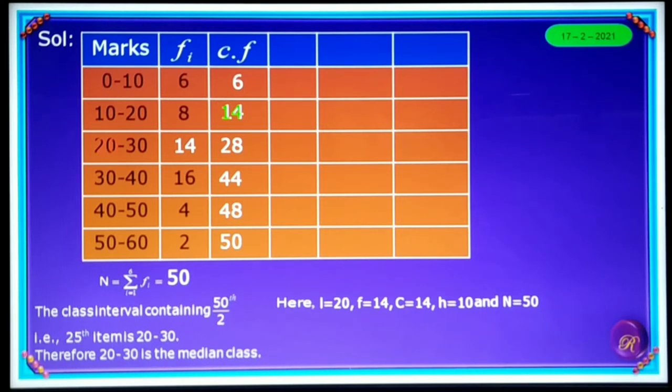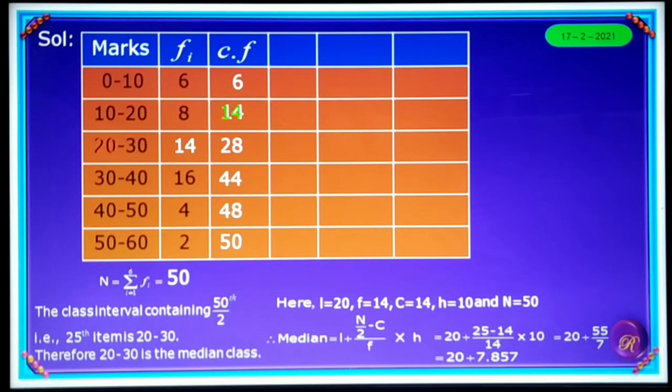Therefore, median is equal to L plus (n by 2 minus C) divided by f, into h, is equal to 20 plus (25 minus 14) divided by 14 into 10, is equal to 20 plus 55 by 7, is equal to 20 plus 7.857. Approximately we can consider 27.86.